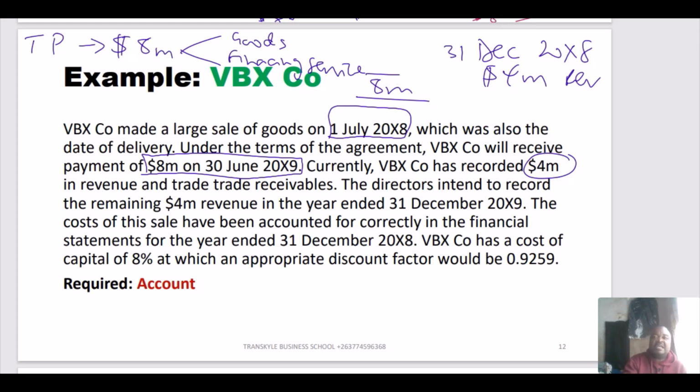All right? So we say that the price of the goods should be the PV of future cash flows. We are told that the cost of capital is 8%, which has got a corresponding discount factor of 0.9259. And if you do not know how to calculate these discount factors, please refer to our previous videos.